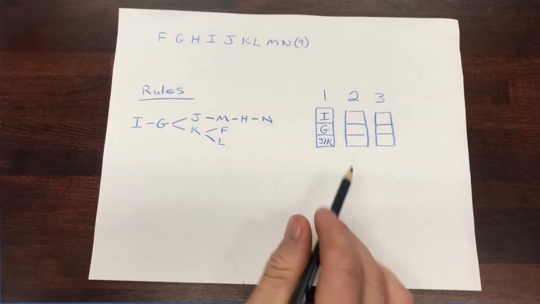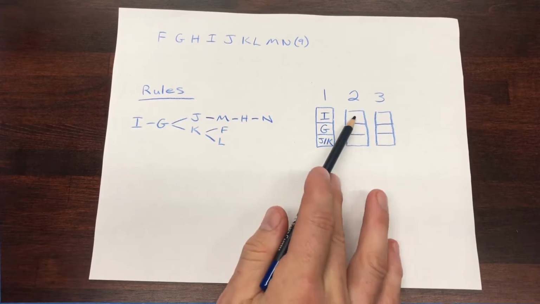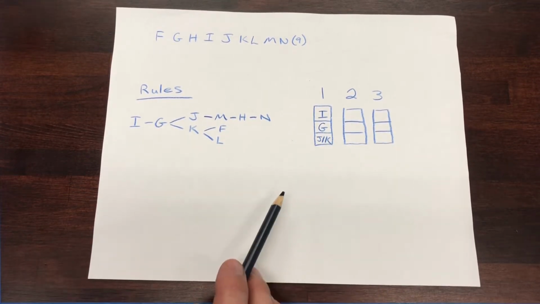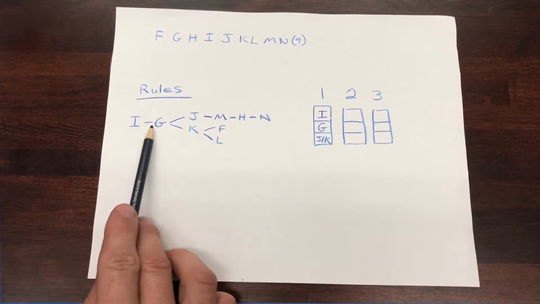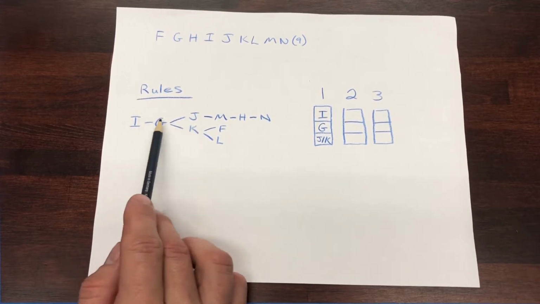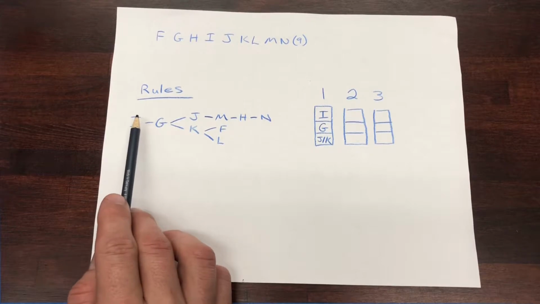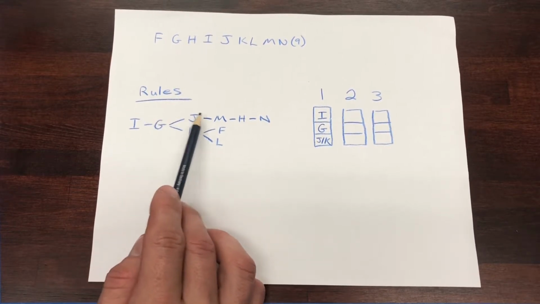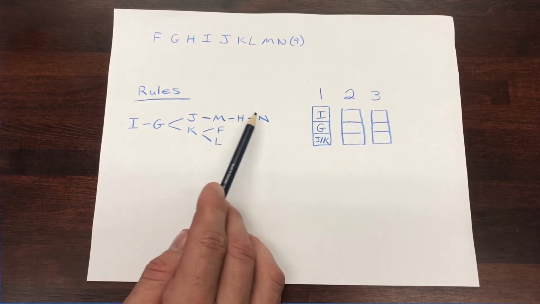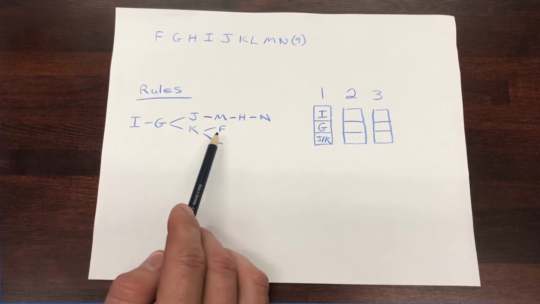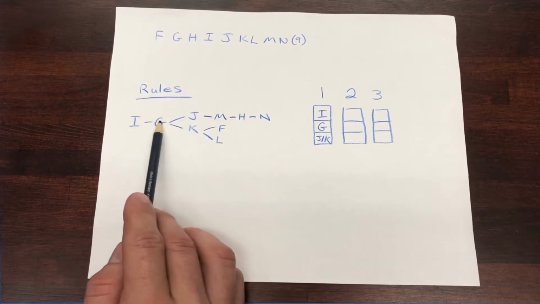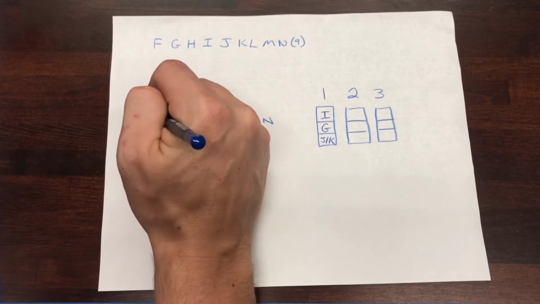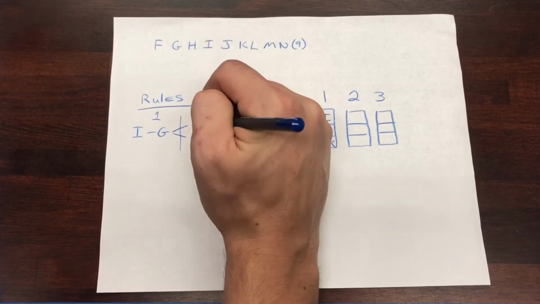So then you ask yourself, who can be 4th, 5th, 6th, 7th, 8th, 9th? And the answer to that is a little more complicated. So all of these guys have to be in 1.